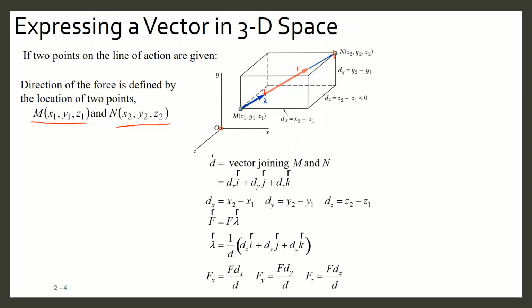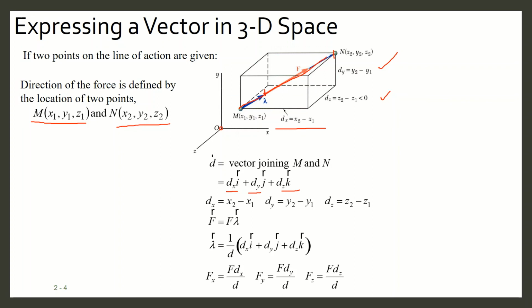Now you can calculate the displacement in x direction by simply subtracting x1 from x2, and similarly in y direction and z direction. Then the vector joining MN will be equal to dx i plus dy j plus dz k.